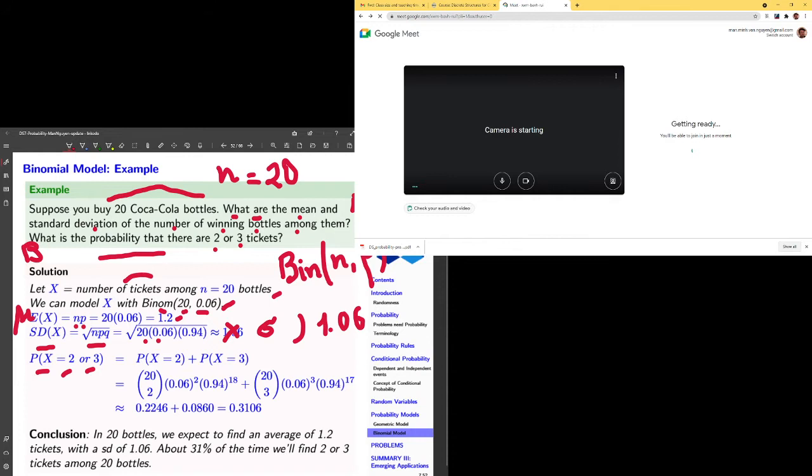So we continue from here, computing the probability of the union of two events, and they are disjoint. By the axiom of Kolmogorov, you apply the formula here, and n is 20. Oh, okay, the slide, sorry.